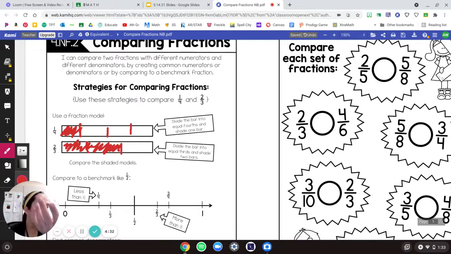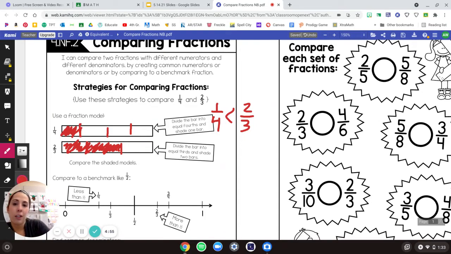Using the picture, or like our chart that we put into our math notebook, we can compare using the fractions. So I know that 1/4 is less than 2/3 because the 2/3 goes farther, making it bigger. It covers more of that same area.